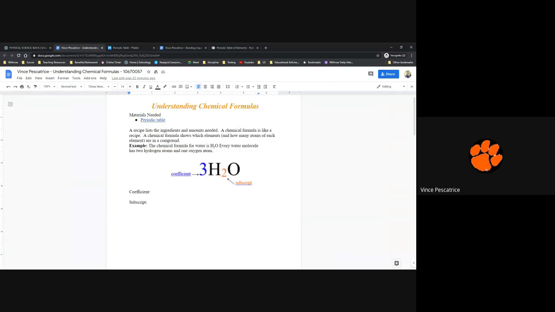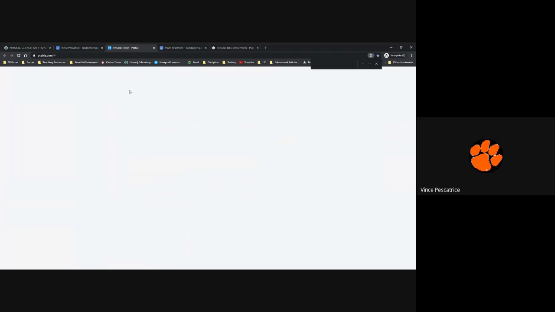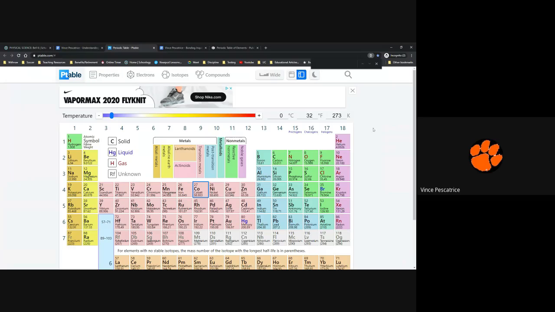So make sure you guys have this periodic table pulled up too. All you need to do is reference it. When you pull it up, all you're going to need to do is look at it. Remember that shortcut trick. If you hold down Control and hit F, you just start typing in the element you're looking for. So say I'm looking for vanadium.